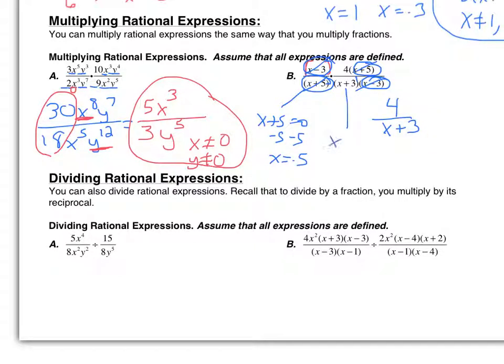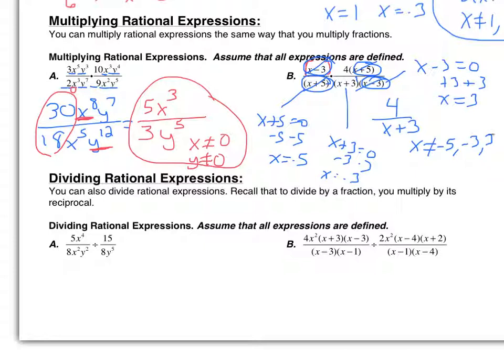And then x plus 3 equals 0, minus 3. And then x minus 3 equals 0. So I have 4 over x plus 3 as long as x does not equal negative 5, negative 3, or positive 3.